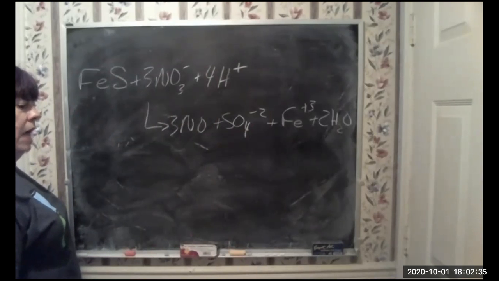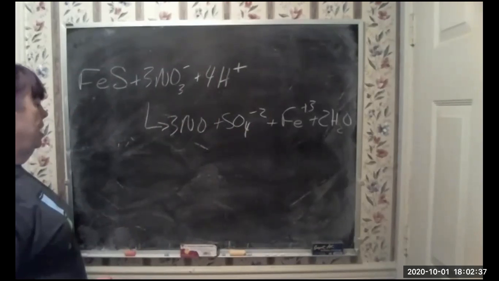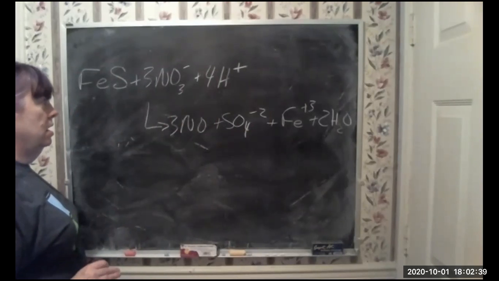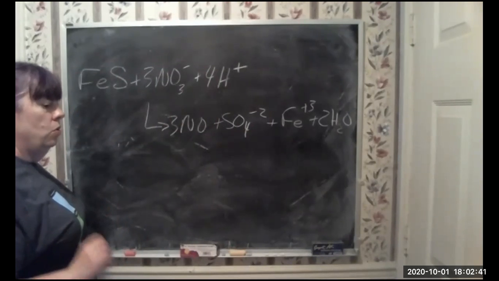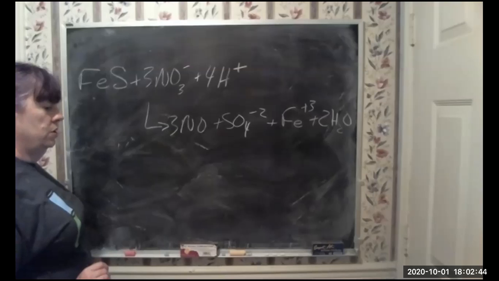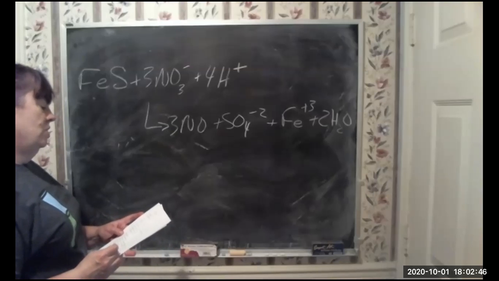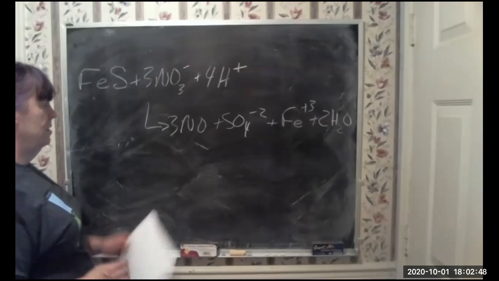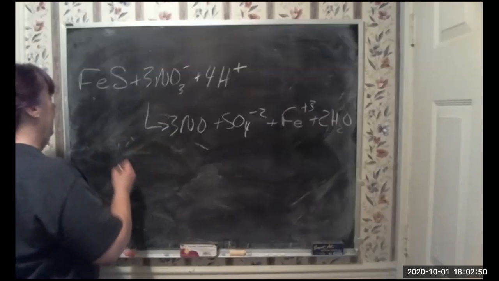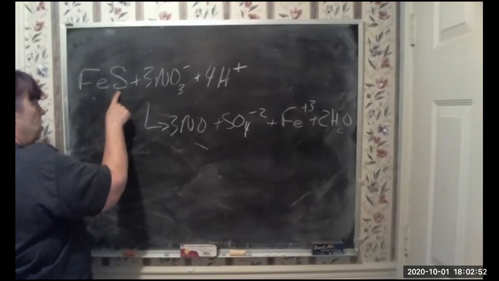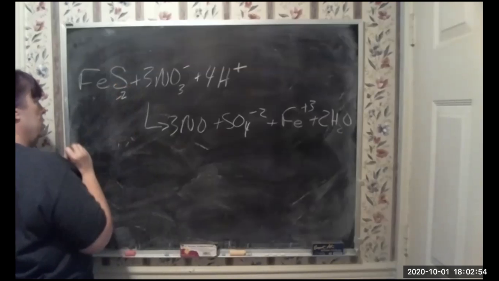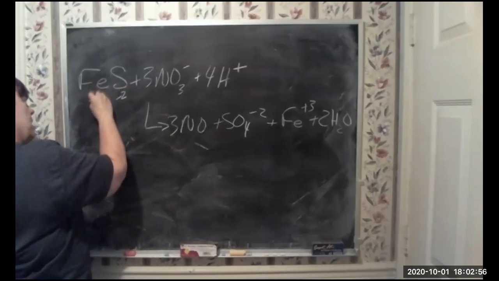Bare minimum, at least one thing has to get oxidized. At least one thing has to get reduced. In this case, we actually have 2 oxidized and 1 reduced. So I'm going to go through and I'm going to label them. My sulfur is -2, which makes this iron +2.